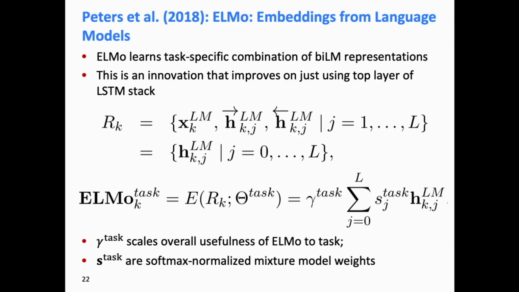And that was completely standard de rigueur in those days, that you might have had 3 layers of neural language model, but you regarded the top level as your sort of one that's really captured the meaning of the sentence, and the lower layers were processing that led up to it. And they had the idea that maybe it would be useful to actually use all layers of the BiLSTM of the neural language model. So maybe not just the top layer, but all layers would be kind of useful.